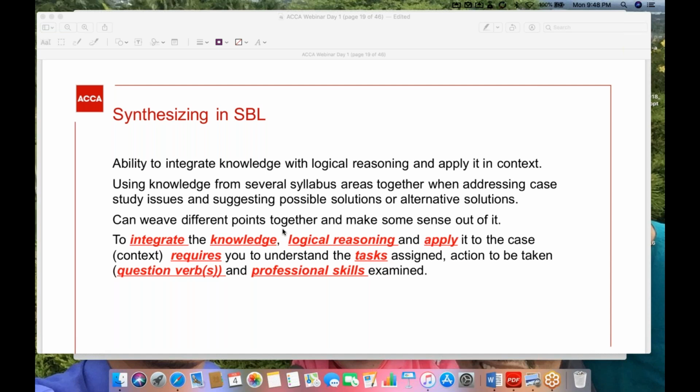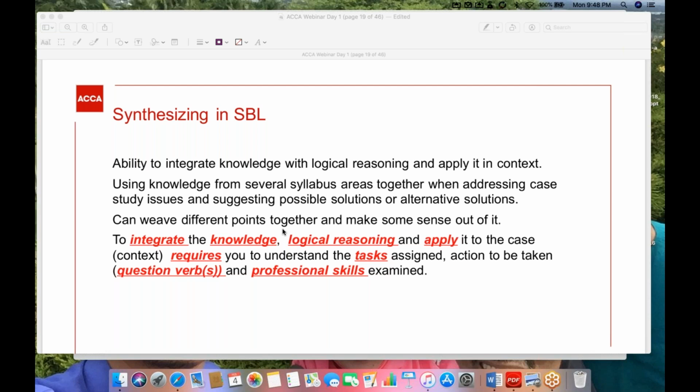Another skill that you may need is to weave different points together and make some sense out of it. Sometimes you have your points, but how do you connect these two points together and build up a sentence, not just simply any sentence, but one that answers the requirement of your question?